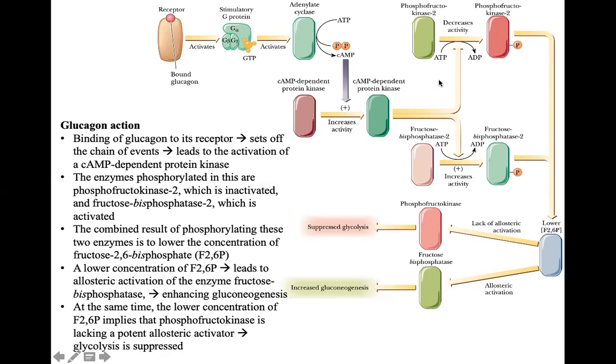If I ask what the essential enzymes are to facilitate the activity of glucagon, your answer would be phosphofructokinase 2 and fructose bisphosphatase 2.